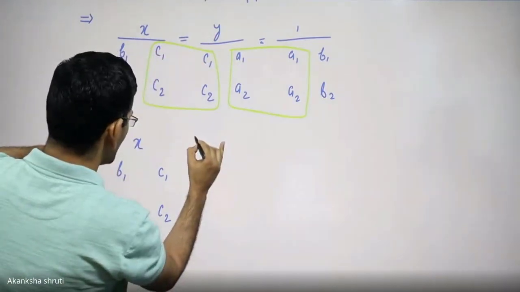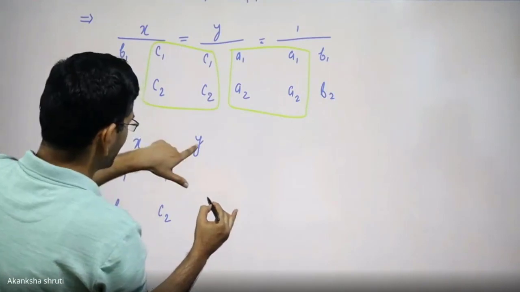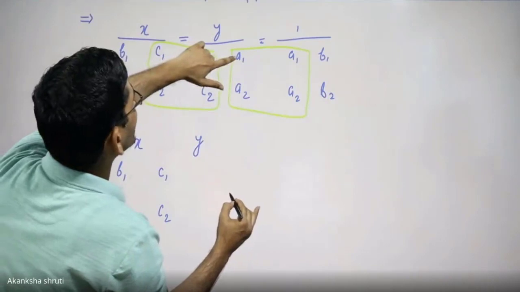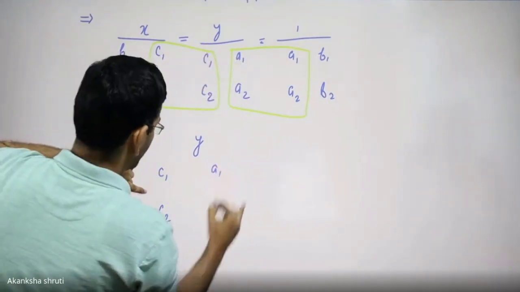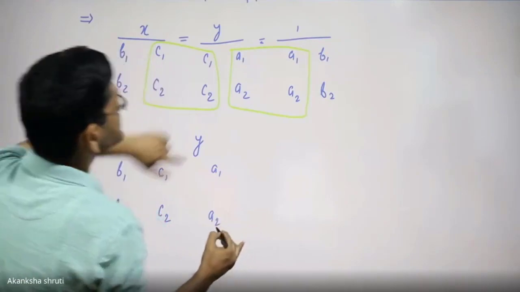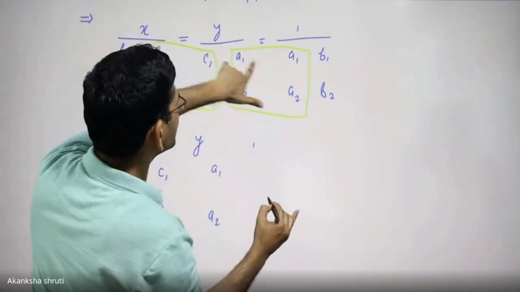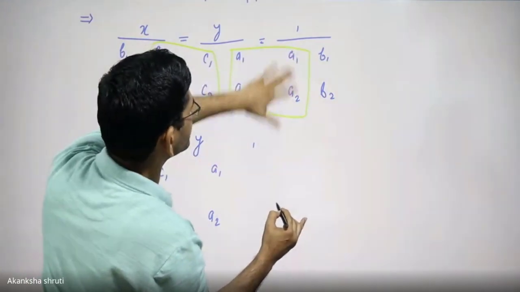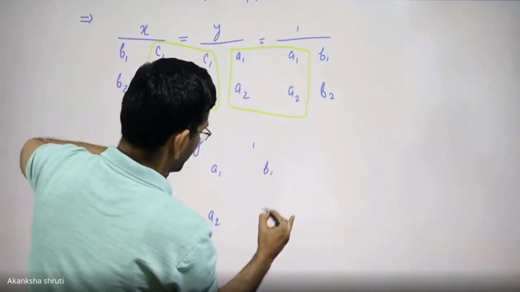So I'm just going to write the y here. Means this C1, C2 is now made common for this y also. It's okay. Then the next column for this y is our A1, A2. Then this is our 1. So write 1 here. Make this column common, A1, A2. Leave this for this one, write the other. It is our B1, B2.